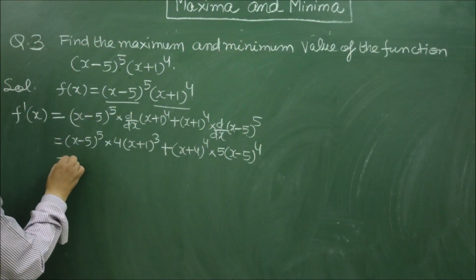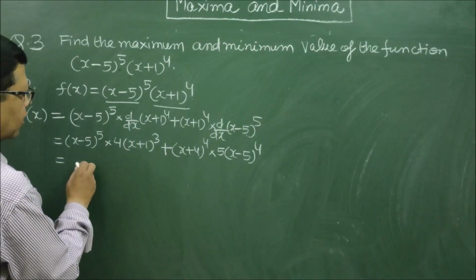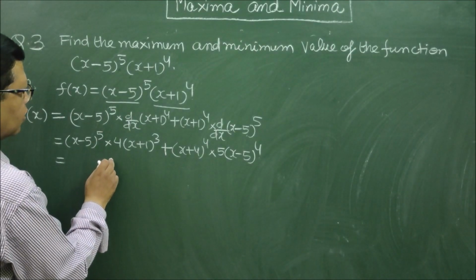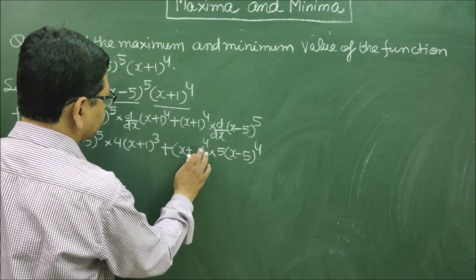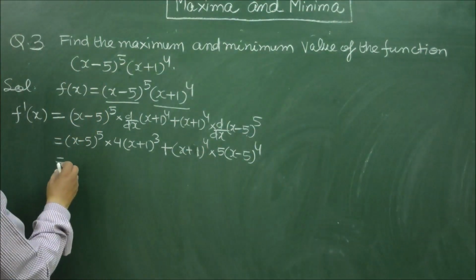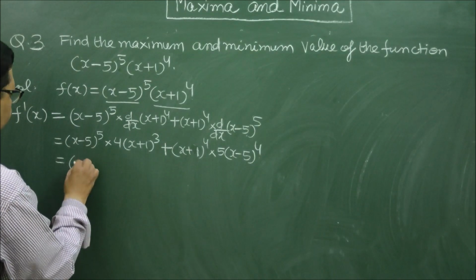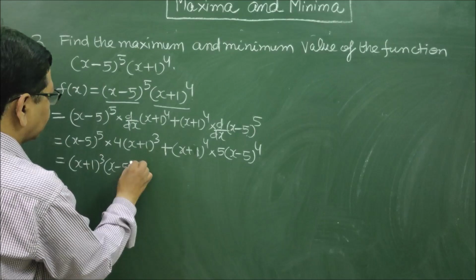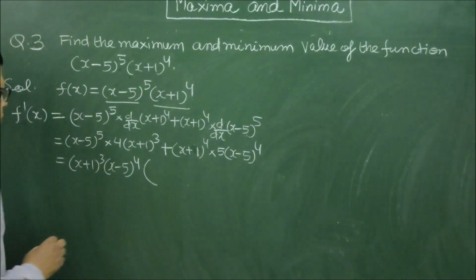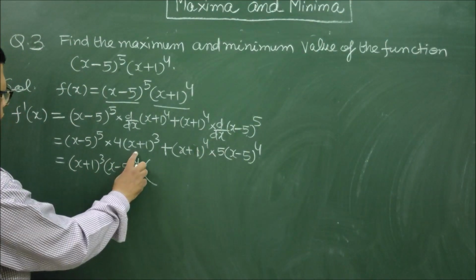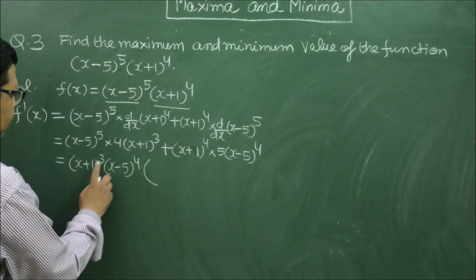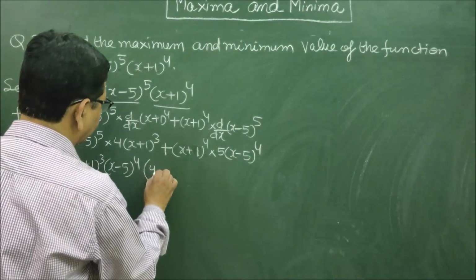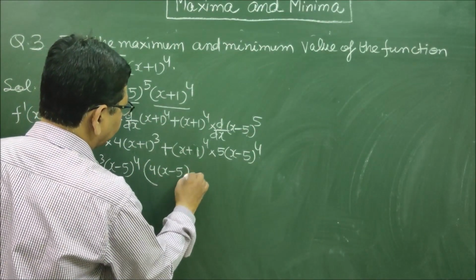Now from these two terms we can take x plus 1 raised to the power 3 and x minus 5 raised to the power 4 common.